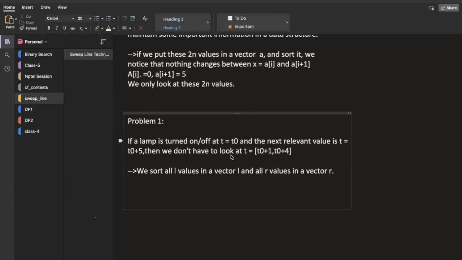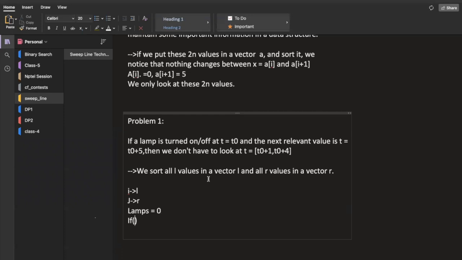Okay. So now what we'll do is we'll apply 2 pointers. Let's say one pointer I is for L and this J is for R. So we are at some value of I and some value of J. So there are just a few cases. What we'll do is we'll maintain the number of lamps which are turned on. So let's say this is a variable lamps and we initialize it with 0.